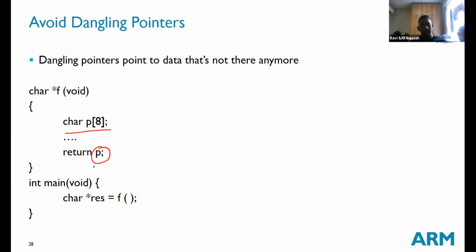The moment you exited, yes, you do have a pointer, so it does not flag as an error because it is valid code. You are returning a valid pointer to a memory location. But that memory location is no longer reserved for this variable anymore, correct? Somebody else can take over that memory, because it's a free stack.